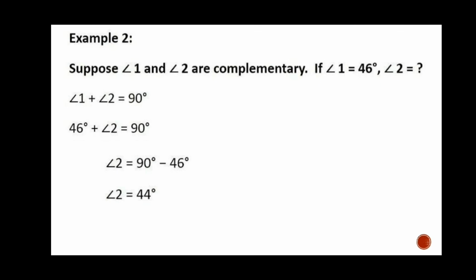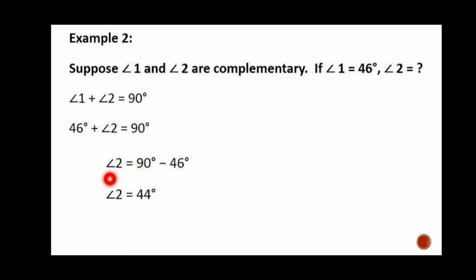Now let's take another example. Suppose angle 1 and angle 2 are complementary, and we have taken angle 1 as 46 degrees, exactly only 1 degree greater than 45. So what will be the value of angle 2? As we know that for complementary angles the sum is 90 degrees, we will place the value of angle 1 here, 46 degrees.